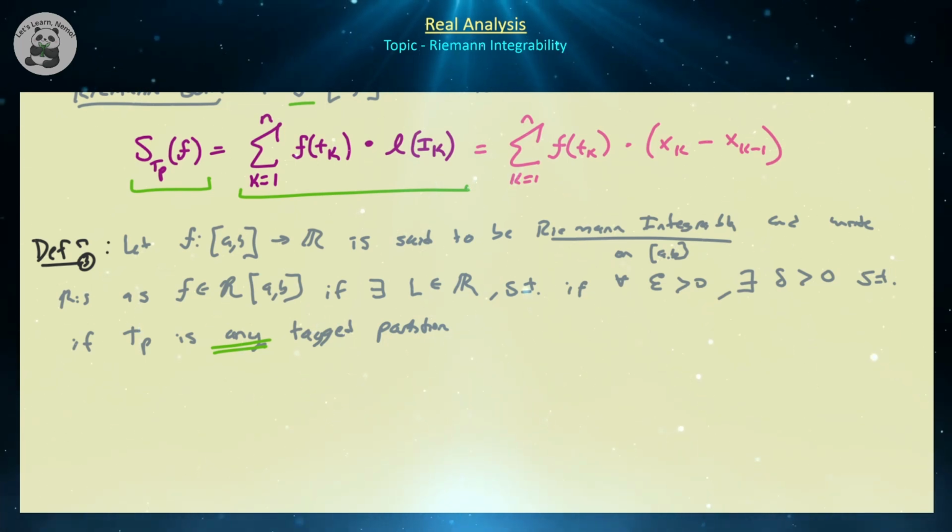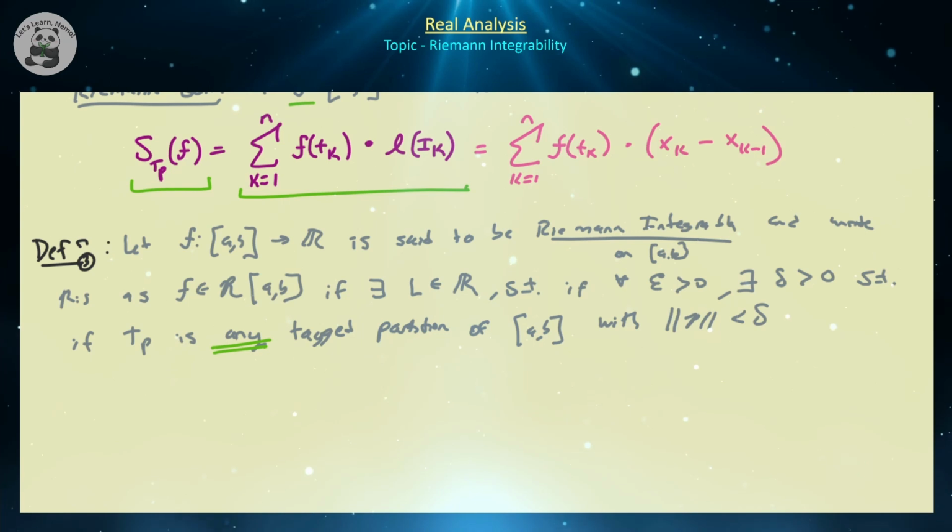So TP is any tag partition of the interval AB, but it has the requirement that the norm of this tag partition is chosen to be arbitrarily small, right? In particular, arbitrarily smaller than that delta.